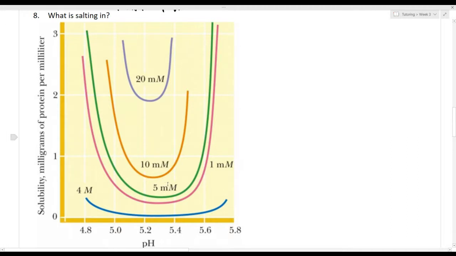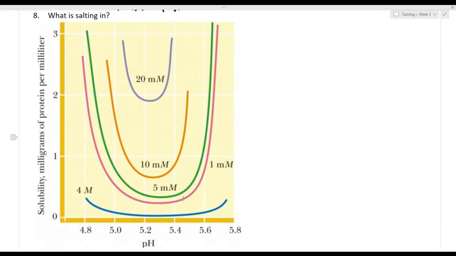So by adding a salt, we're kind of telling the protein, instead of forming these intermolecular forces, instead of forming quaternary structures with all the other proteins floating around, form these intermolecular forces with the salt that we have here.